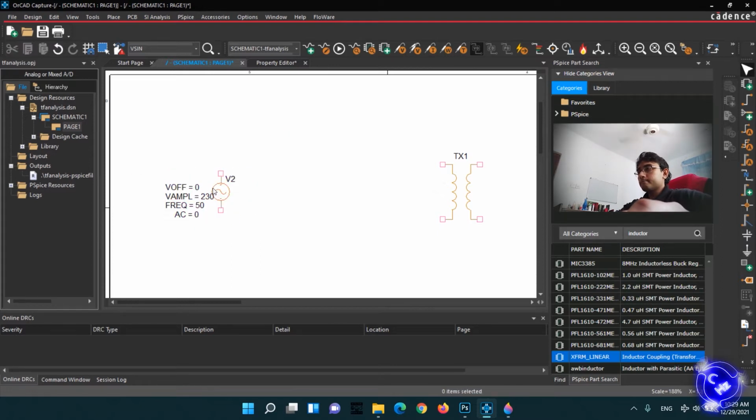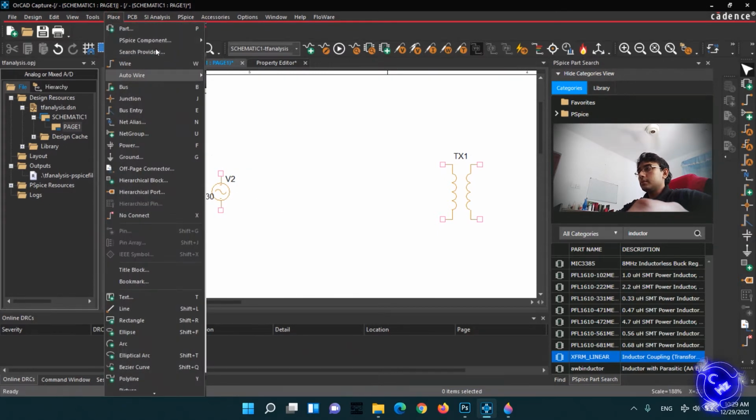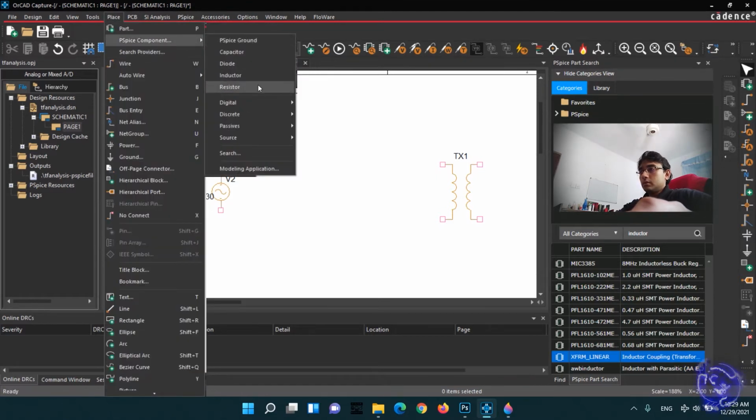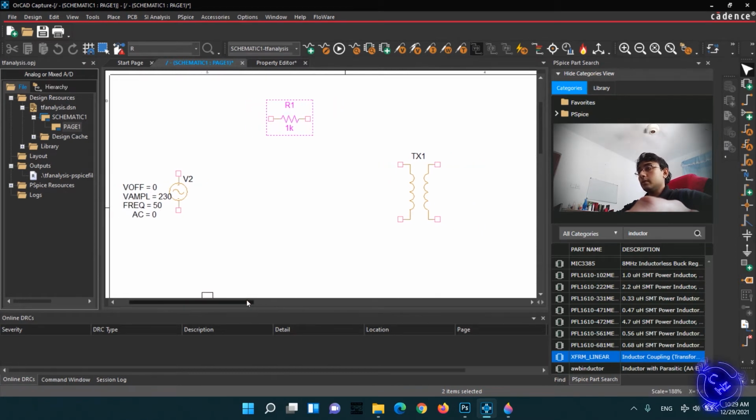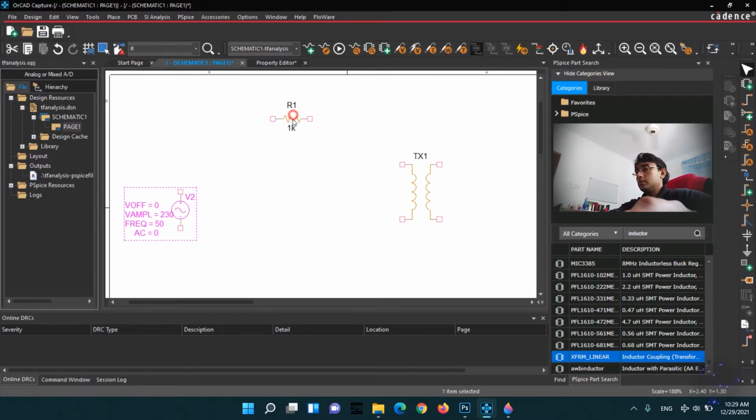Then I need some resistors. Place PSPICE components, resistor. This is my primary winding resistance, and also I need some ESR component for my voltage source.